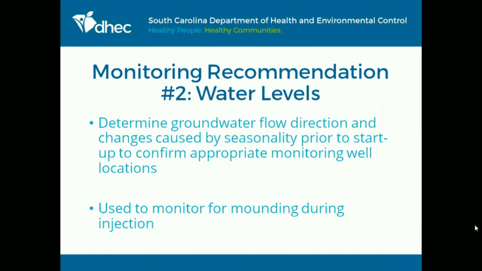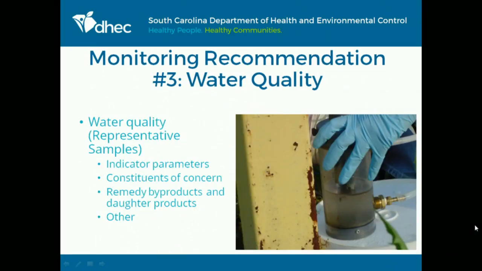So if the groundwater direction changes, then your remediation system has to take that into account to cover all the potential directions that plume could be going. And then again, back to my representative sample soapbox. Please use techniques that get you representative samples for water quality.